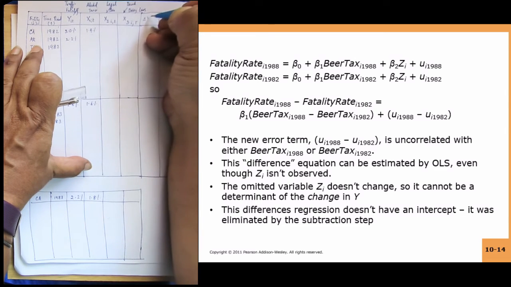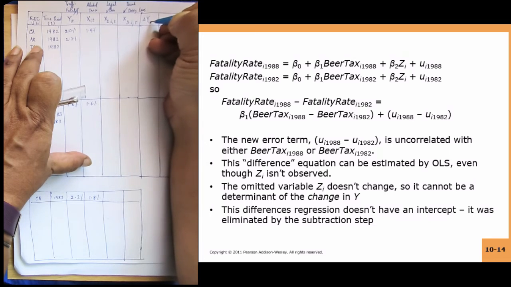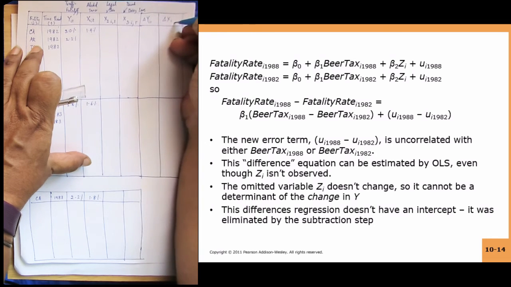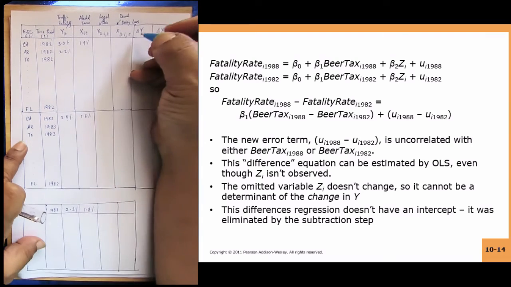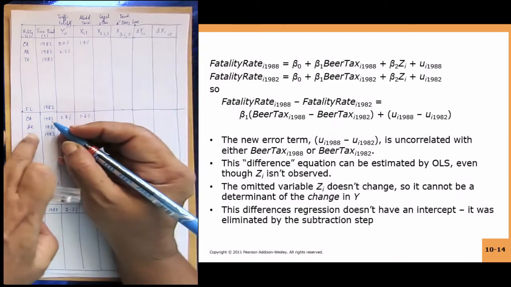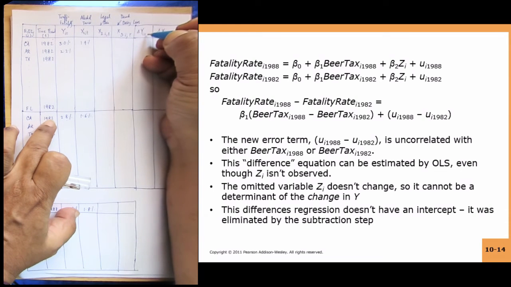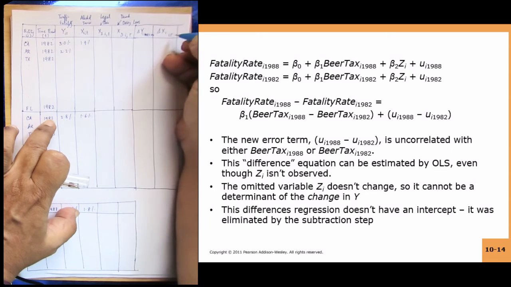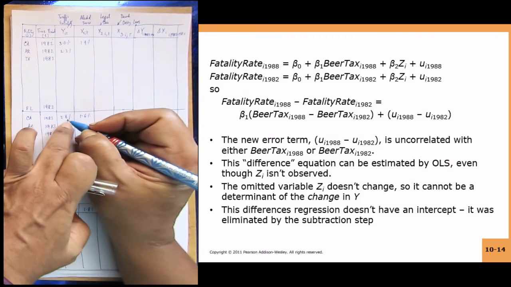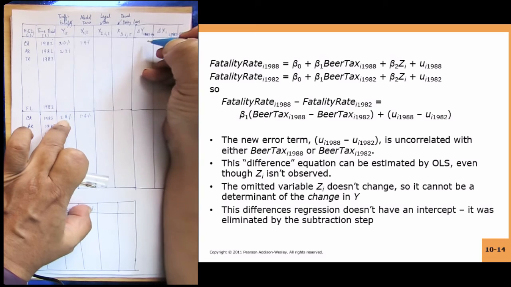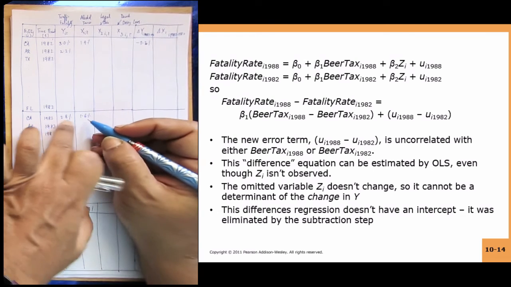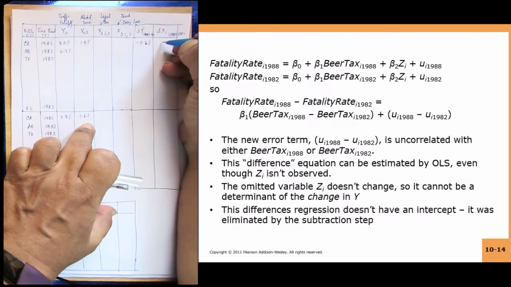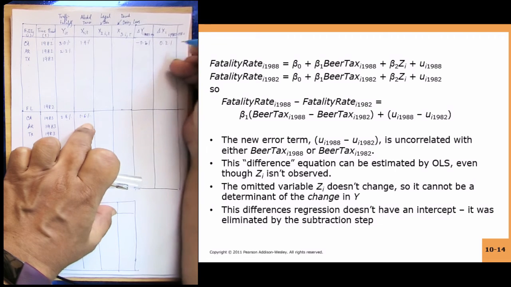So you do del y it on del x1 it, and basically you say del y I, 1983 minus 1982. So you have 2.8% minus 3%, that is minus 0.2%, and 1.6% minus 1.4%, you have plus 0.2%.